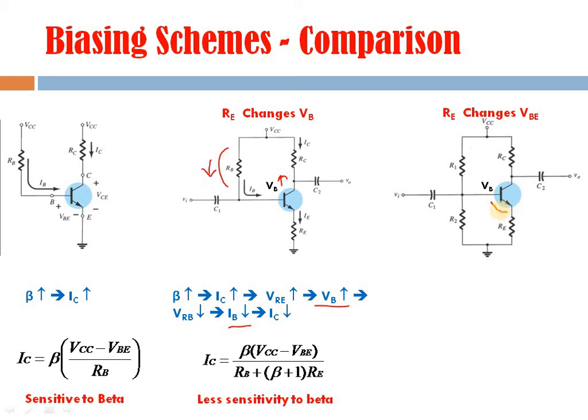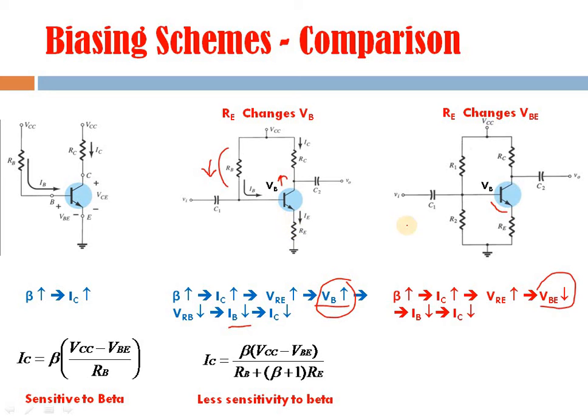So this VBE, this voltage. Here in the earlier one RE was changing VB, but here RE is not changing VB. VB is constant by choosing a suitable value of R2, and now this RE is changing the VBE, and that's why this arrangement is more effective. You can see this VRE is increasing, so VBE is decreasing. That kind of change is the difference in these two circuits.